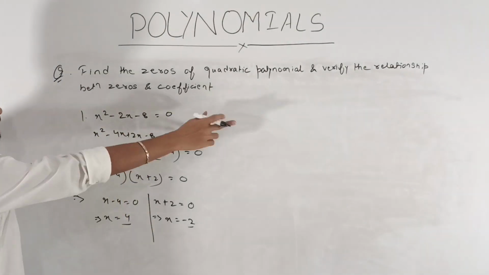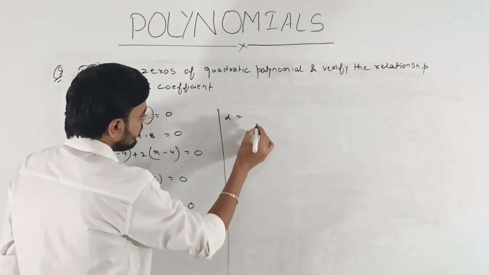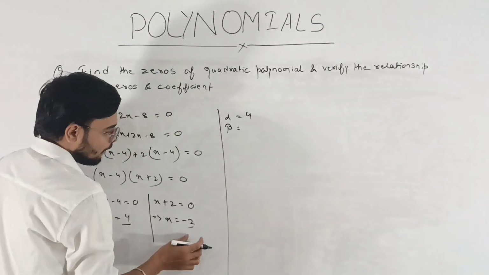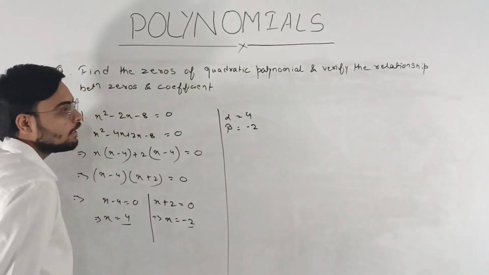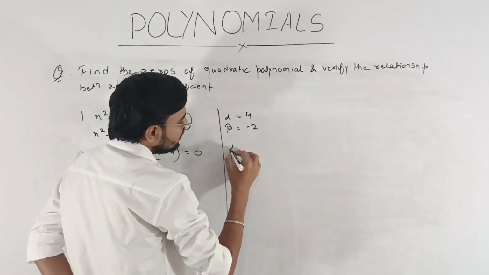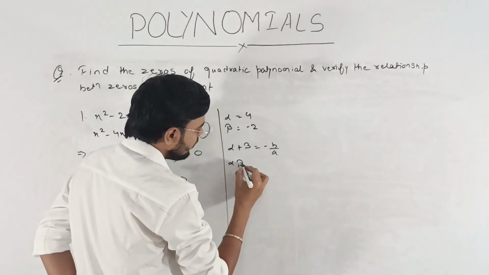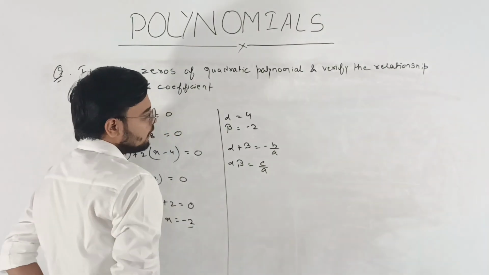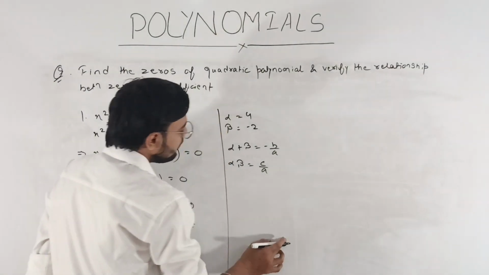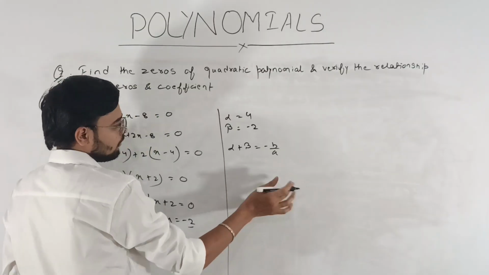Now we have to verify the relationship between zeros and coefficients. So we have alpha equal to 4 and beta equal to minus 2. Now what is the relationship? We have two relationships: alpha plus beta is equal to minus b upon a, and second, alpha beta is equal to c upon a. Now we have to verify these two relationships. First we verify alpha plus beta is equal to minus b upon a.